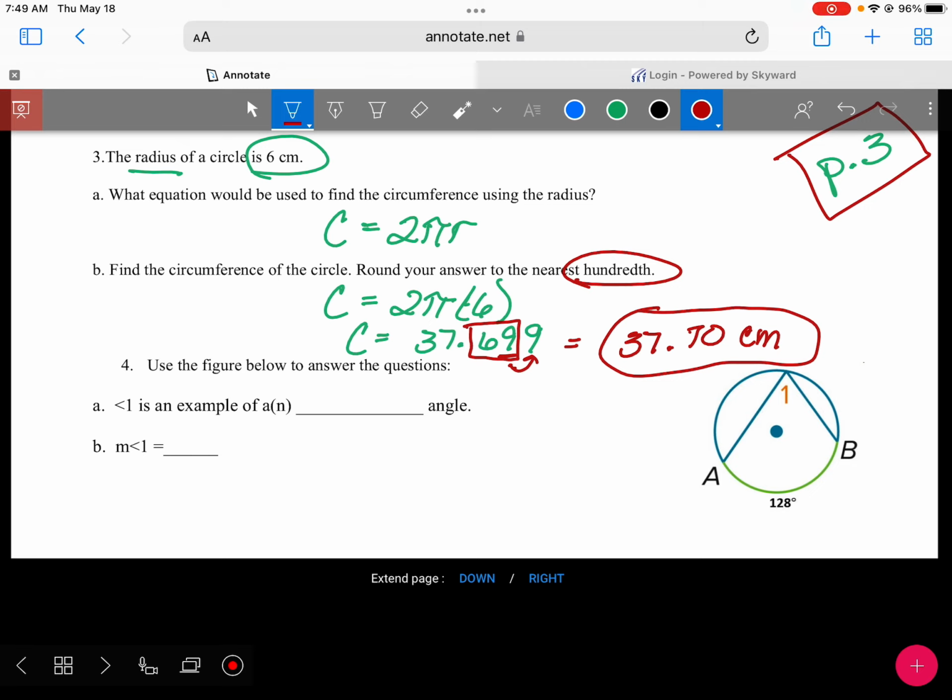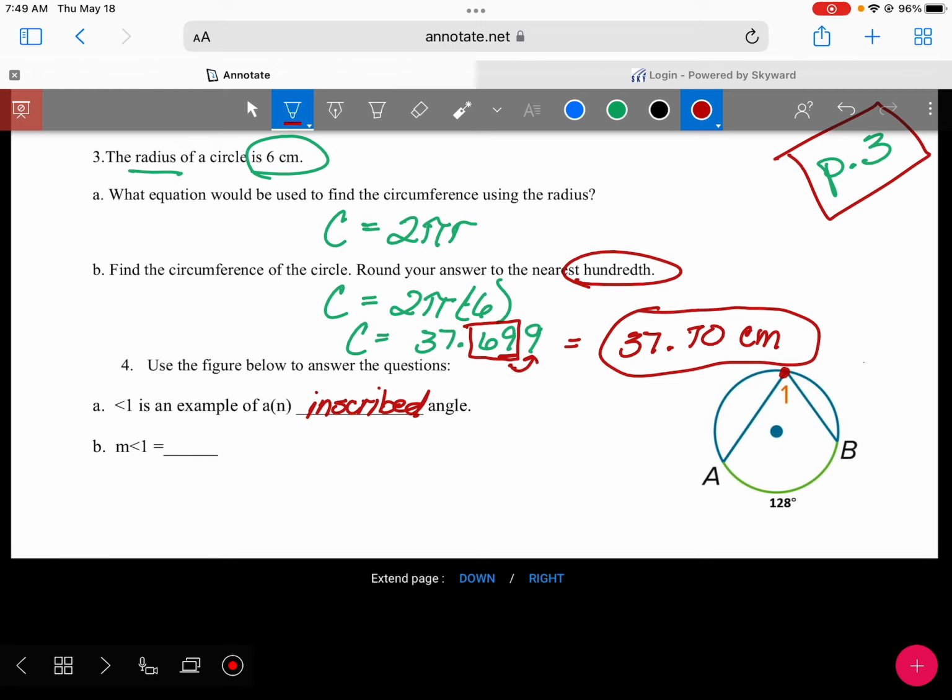Angle 1 is an example of what type of angle? Inscribed. That is correct. Inscribed angles have their vertex, the place where the two line segments that make up the angle meet, on the circle.